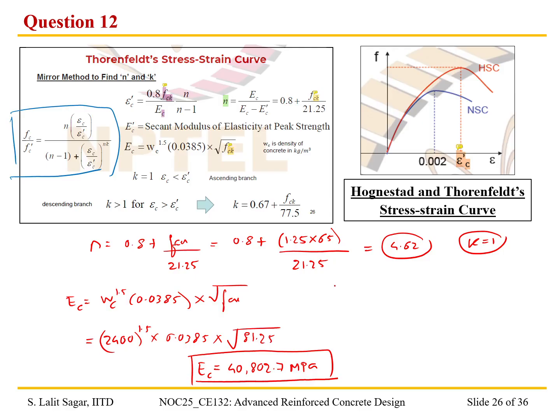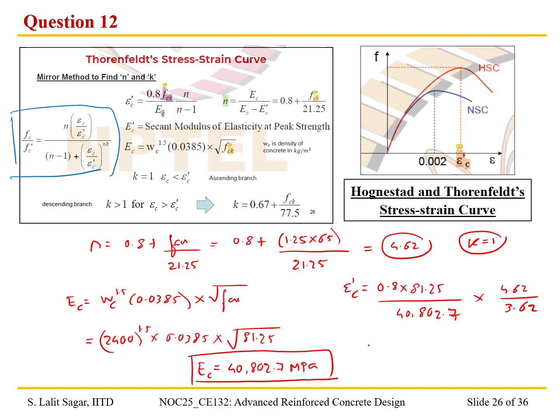Now let us find out the value of epsilon prime c. Epsilon prime c is equal to 0.8 into, again, please note that it is fcu, not fck, 81.25 divided by 40,802.7 multiplied by, what is n? 4.62 divided by 3.62.